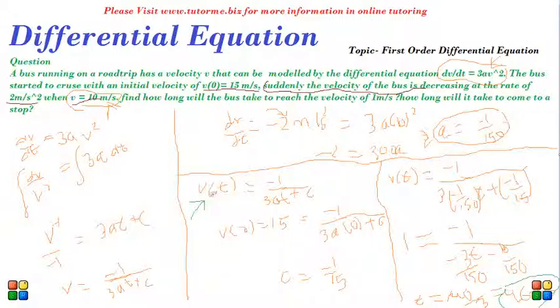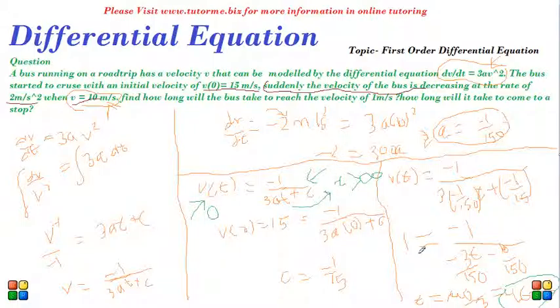If you replace v of t with 0, because that's when the velocity of the bus becomes 0 when it comes to a stop, the whole thing has to be 0 on the right hand side too. In order for us to get that 0 on the right hand side, t has to be very big. So t has to go to infinity for that bus to come to a complete stop.